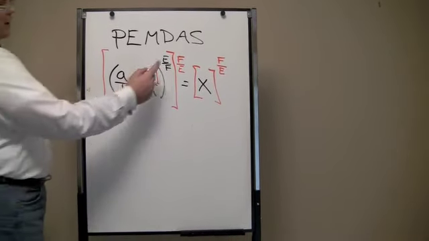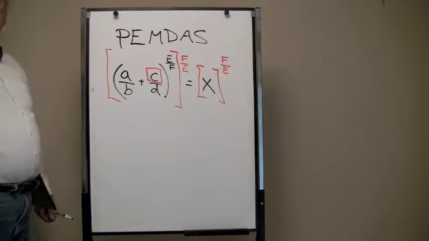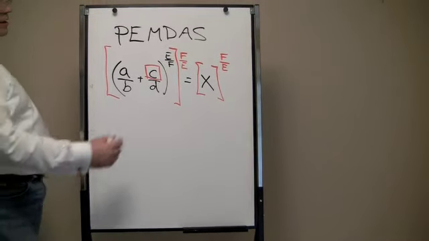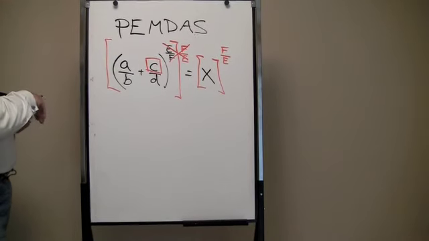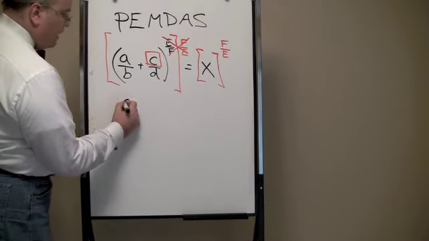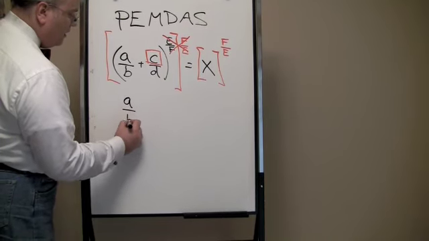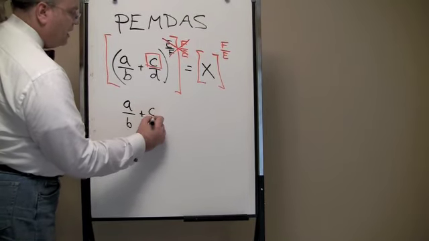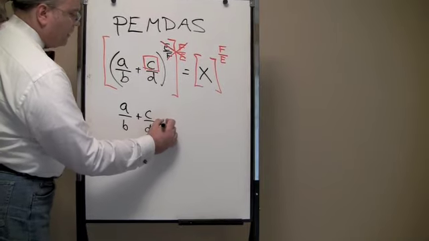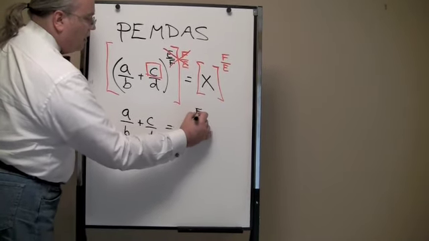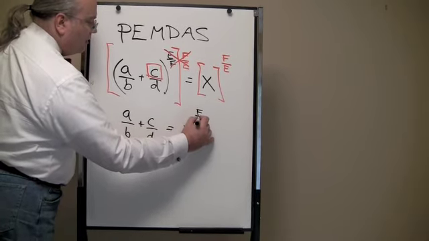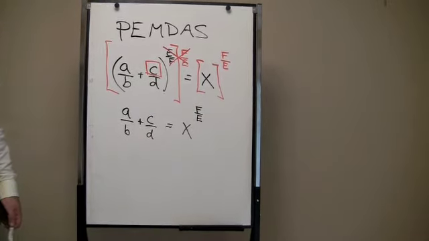What will happen is e over f raised to the power of f over e becomes 1. So that goes away, and what we're left with is a over b plus c over d is equal to x raised to the power of f over e.